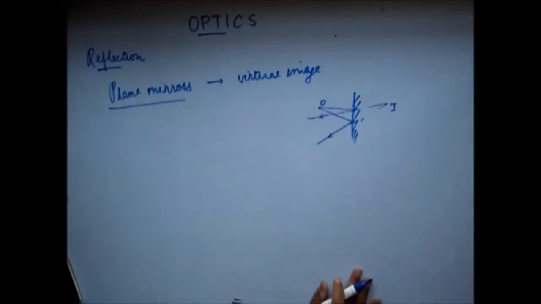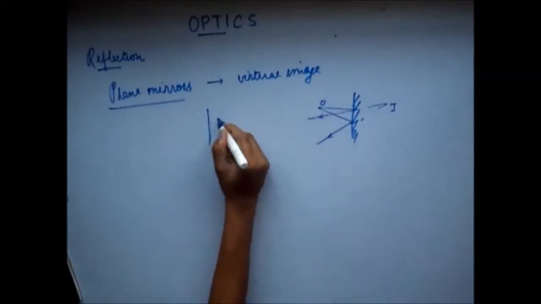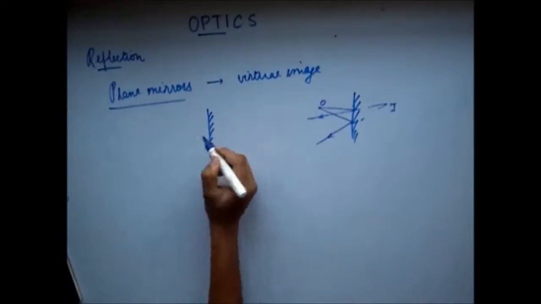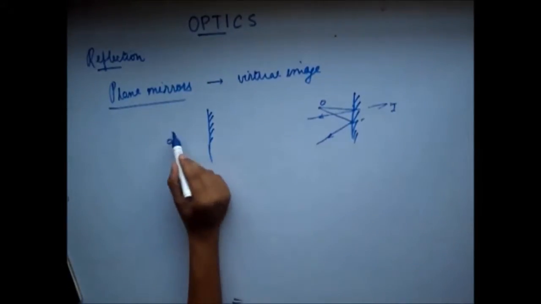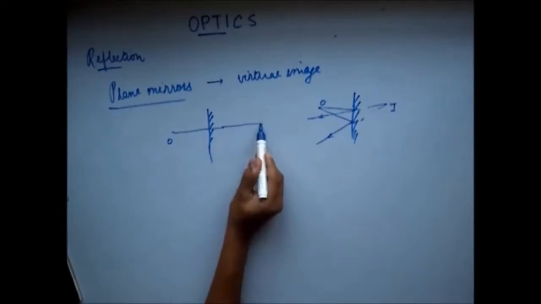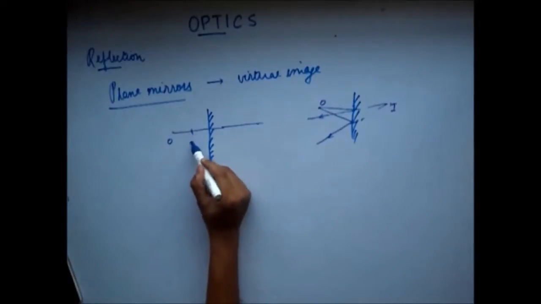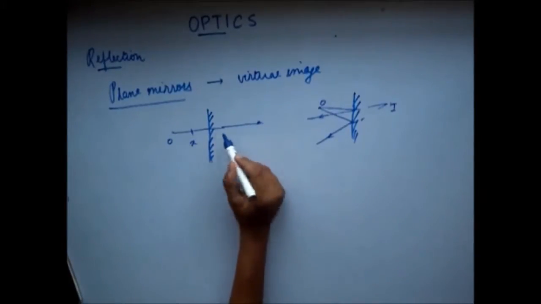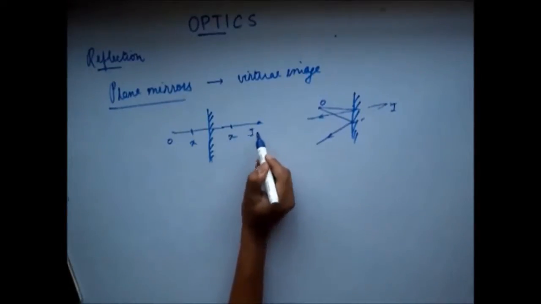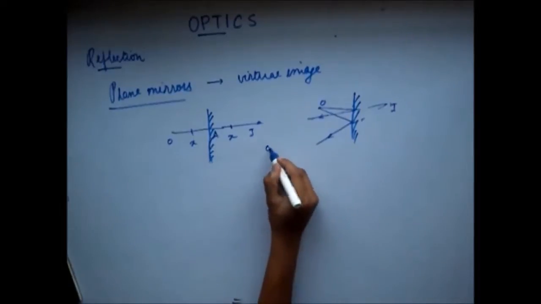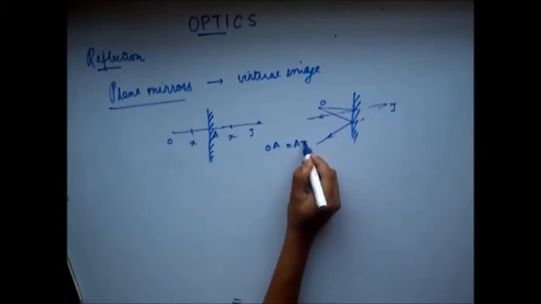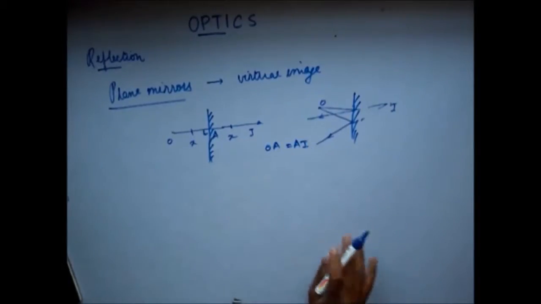The other way which you can proceed is that if you have an object here, you just draw a perpendicular to the mirror, and let's say this distance is x. The image will be formed at the same distance x from the mirror. So this distance OA is equal to AI. Remember that this is the perpendicular distance.